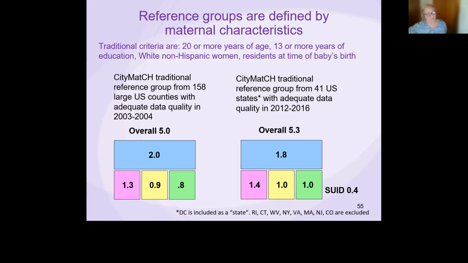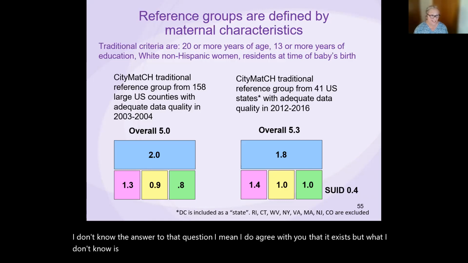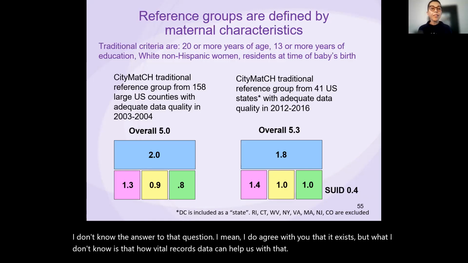I don't know the answer to the question. I do agree with you that it exists, but what I don't know is how vital records data can help us with that. Well, we're talking about why we're choosing a reference group, and the idea is that we would like everybody to achieve that.